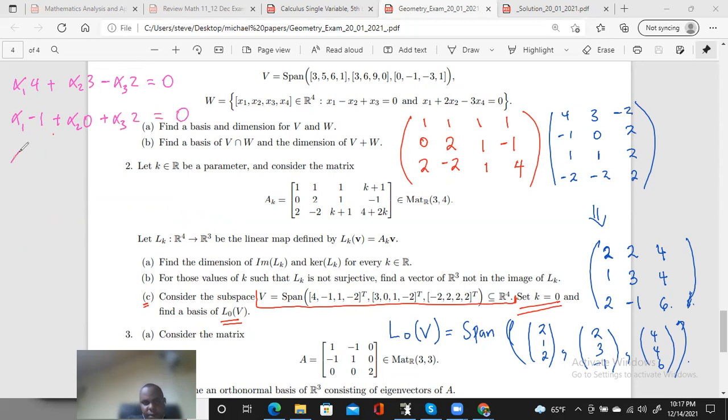Then alpha 1 plus alpha 2 plus 2 alpha 3 equals 0. Minus 2 alpha 1 minus 2 alpha 2 minus 2 alpha 3 equals 0.